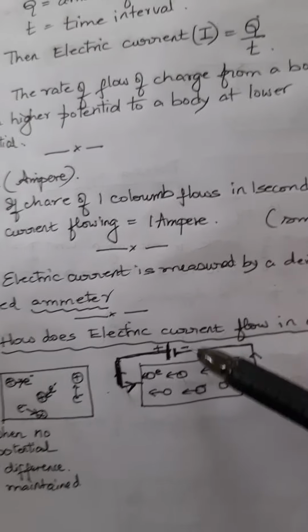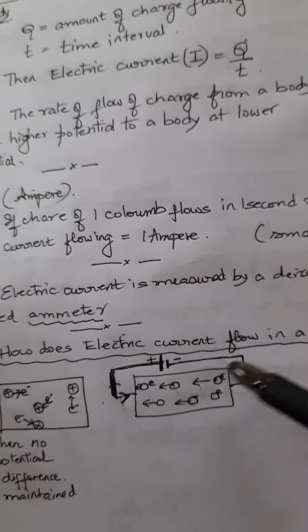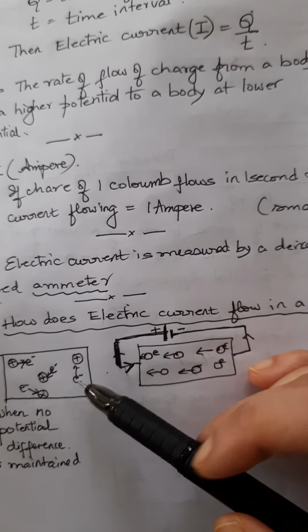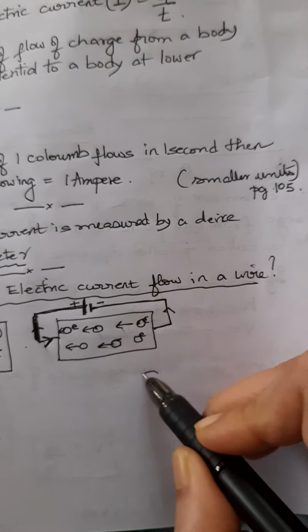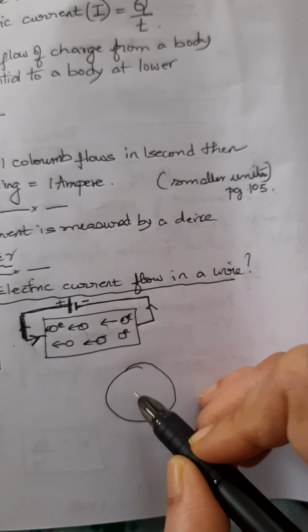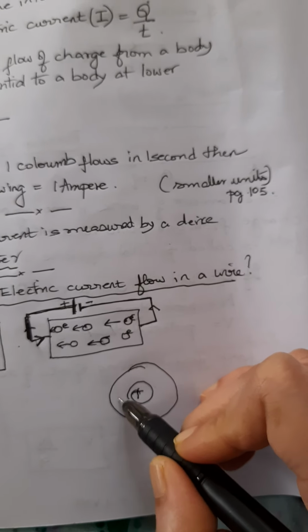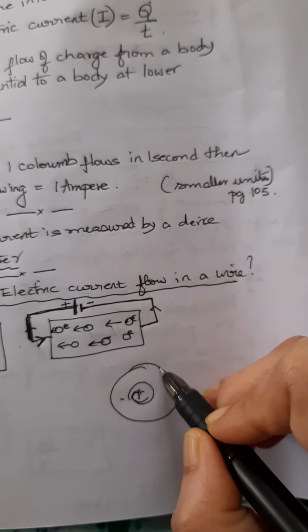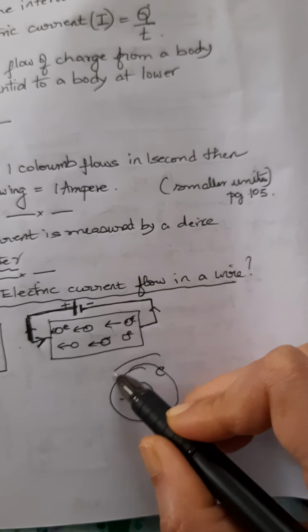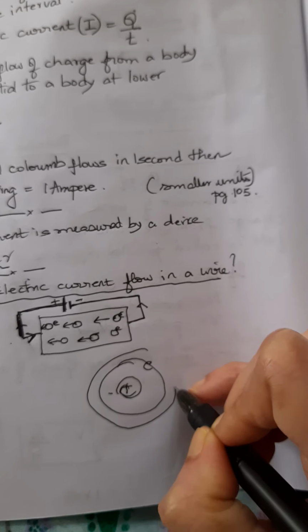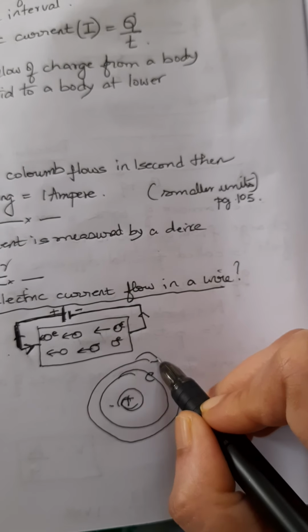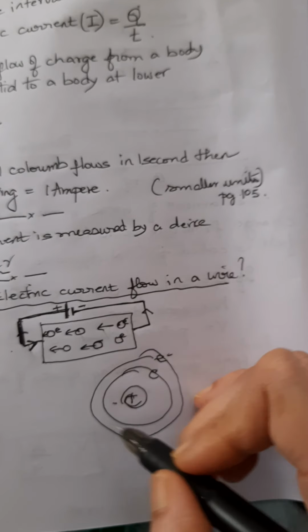Now how does electric current exactly flow in a wire? We know that a wire is made of metal, and you have studied the structure of the atom, where the center has a positively charged nucleus, and the electrons are moving in different orbits.